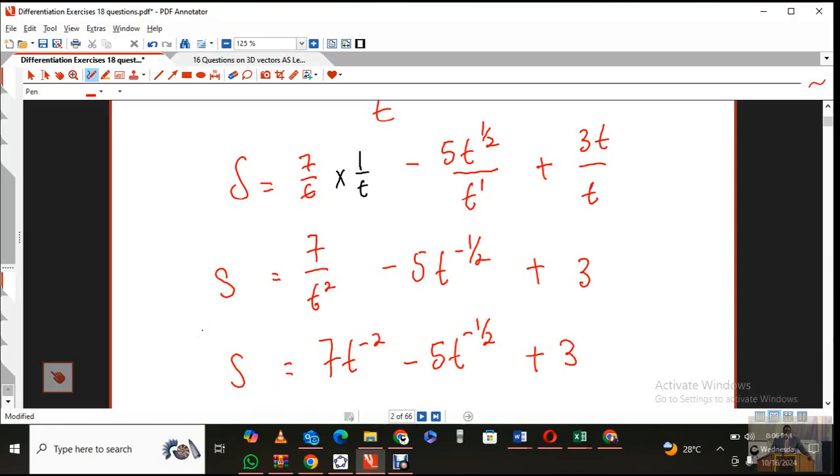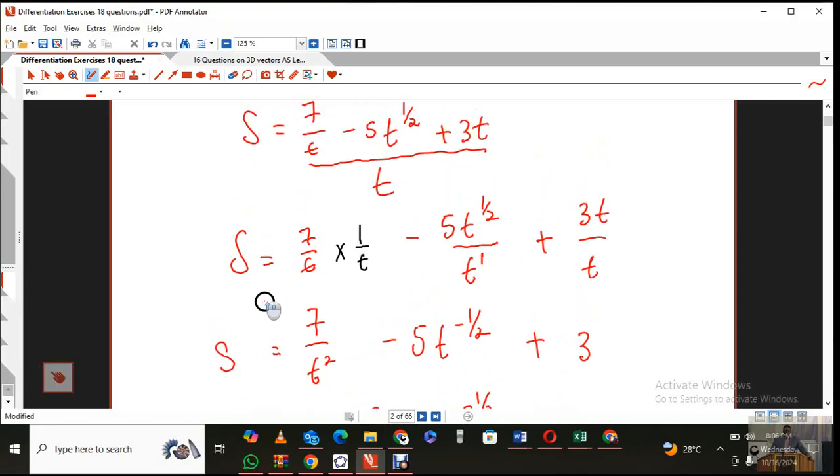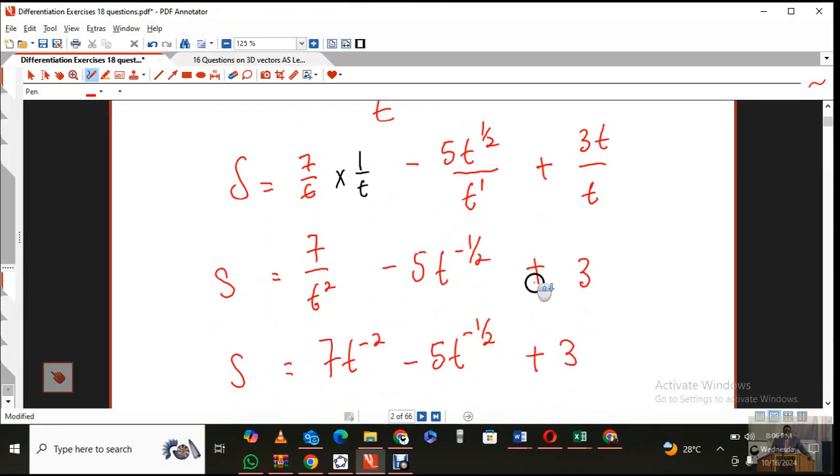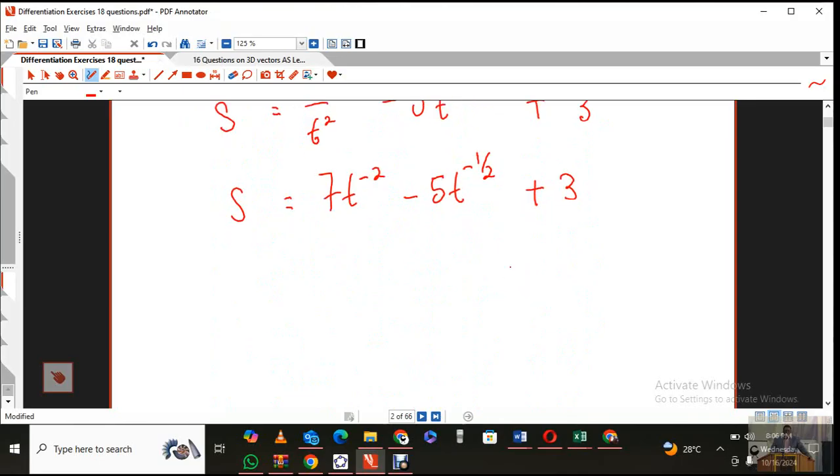Now I can find the derivative with respect to t, starting with my sums and differences. You multiply -2 times 7, that gives you -14. So ds/dt is going to be -14 t raised to the power of -3, because you're subtracting 1 from the power.